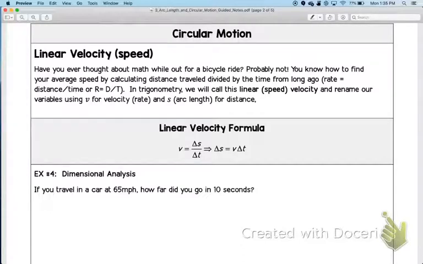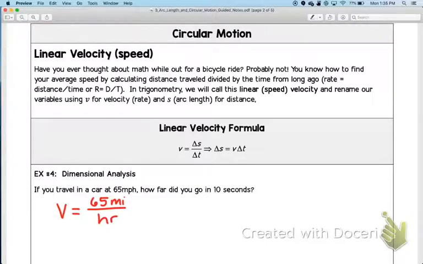If you travel in a car at 65 miles per hour, how far did you go in 10 seconds? All right, so velocity is equal to, right, we're going 65 miles per hour. So 65 miles per 1 hour.